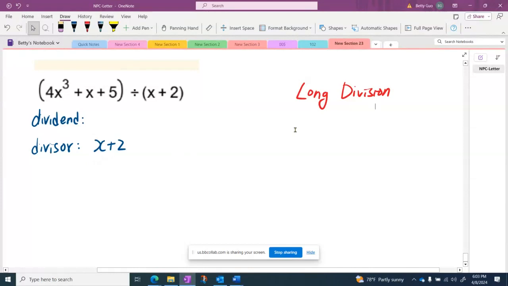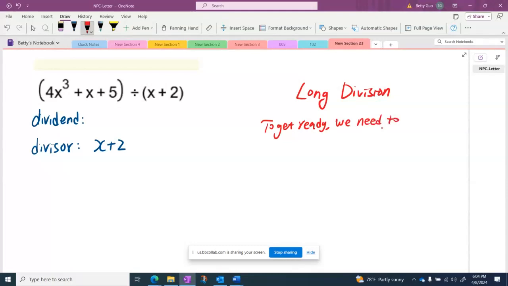So to get ready for the long division, we need to write both the dividend and the divisor in the standard form.